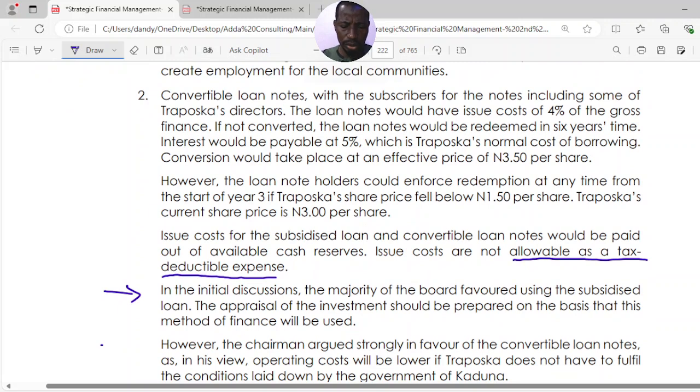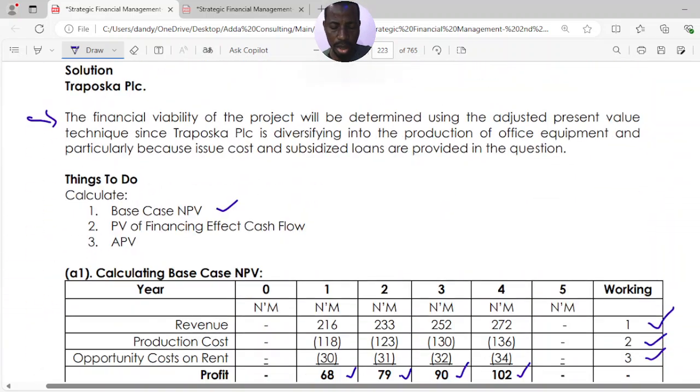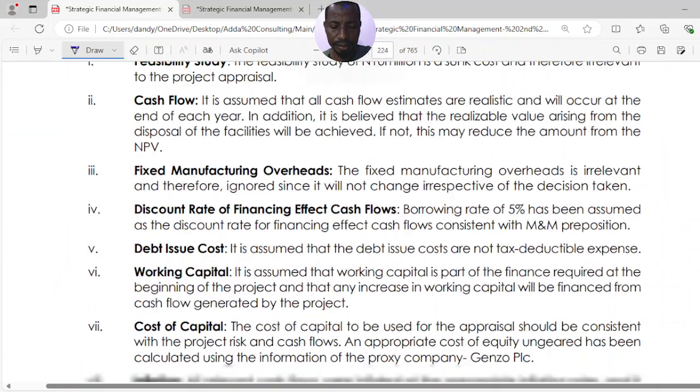Yes. So in this particular paragraph, you are told that issue costs for the subsidized loan and convertible loan note will be paid out of available cash reserves. Issue costs are not allowable as tax deductible expense. So there is no tax saved on issue cost in year 1. So you ignore it.